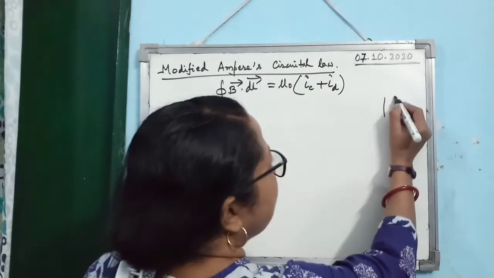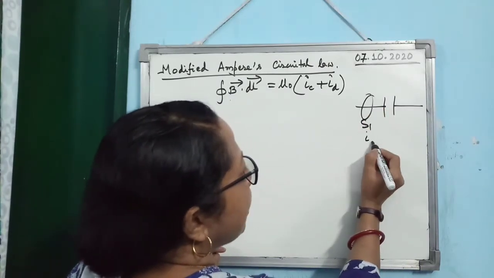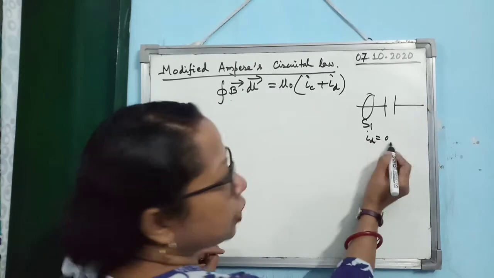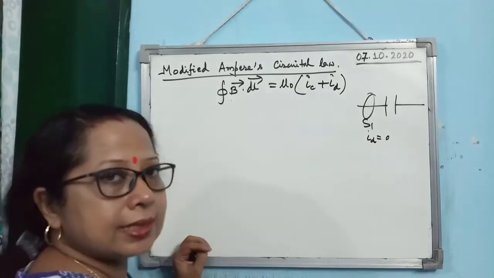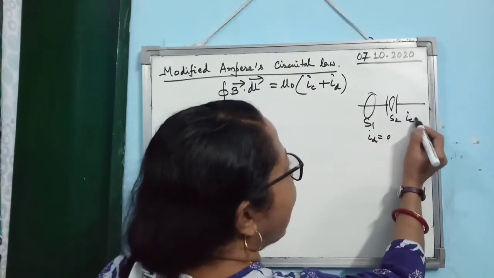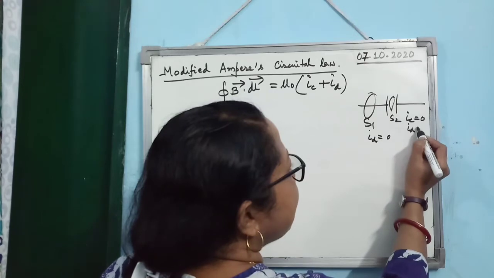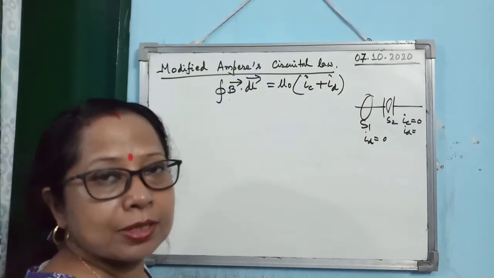Why will there be no problem? Just understand it. If you consider S1, in S1 I_D is equal to 0. So what will integration B dot dl be? It will become mu 0 I_C. Now if you consider S2, in S2 I_C is 0, but I_D exists within this surface, from the concept.